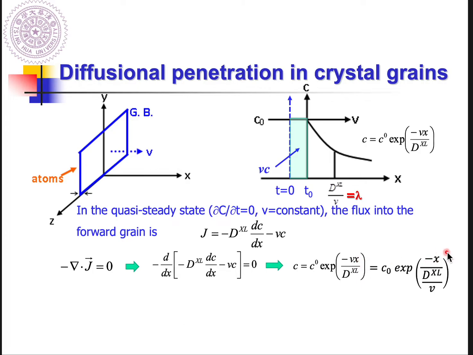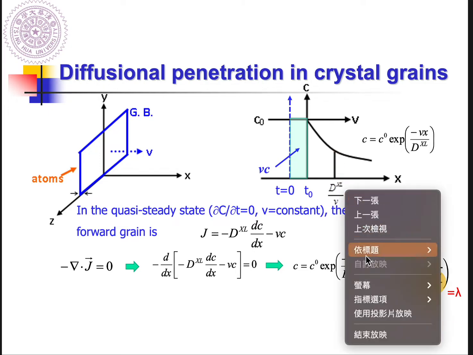So in the upper portion we get minus X, and in the bottom portion we get D over V. We let this equal lambda, the interatomic distance. So when X equals lambda, at that location the concentration becomes C0 times e to the minus 1, right?